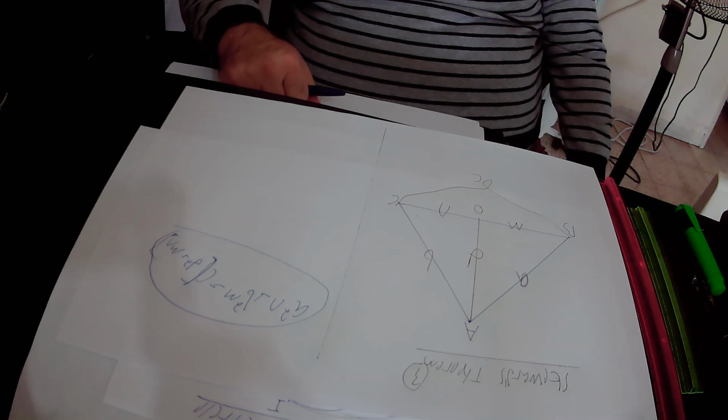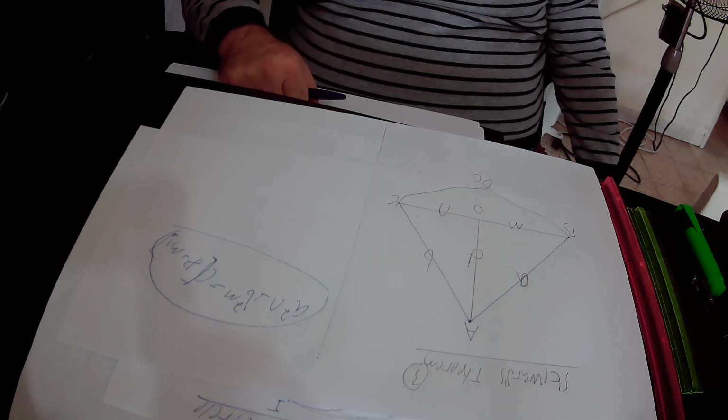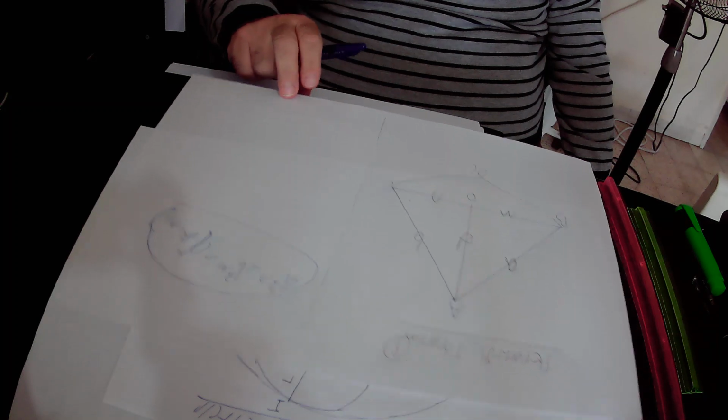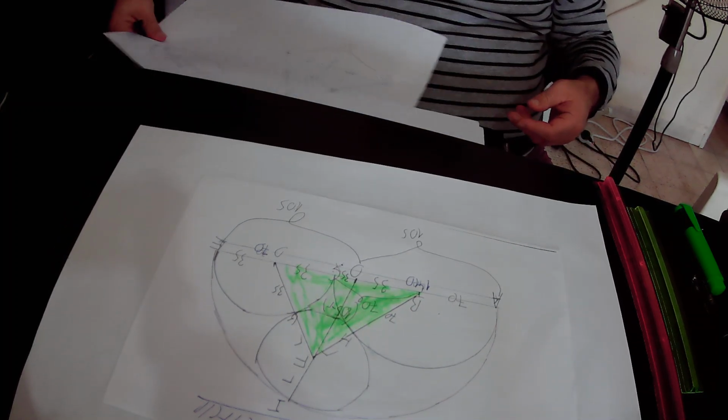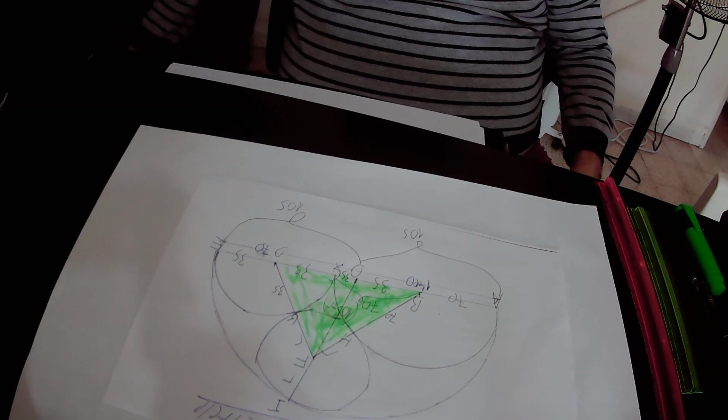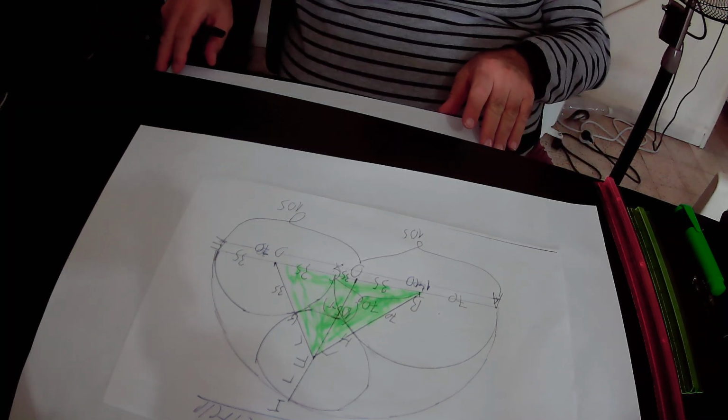We can implement Stewart's theorem in our green triangle FBD. So I copy triangle FBD onto a new page and we implement Stewart's theorem on it.